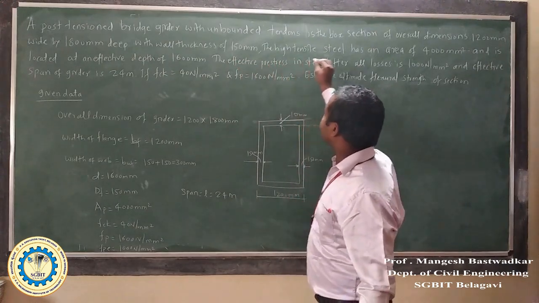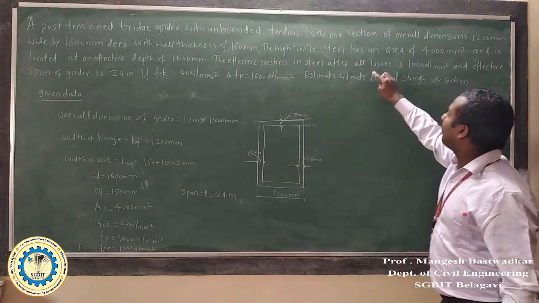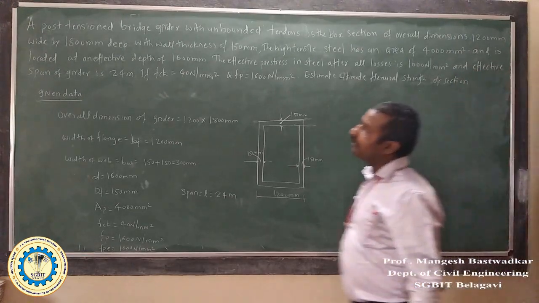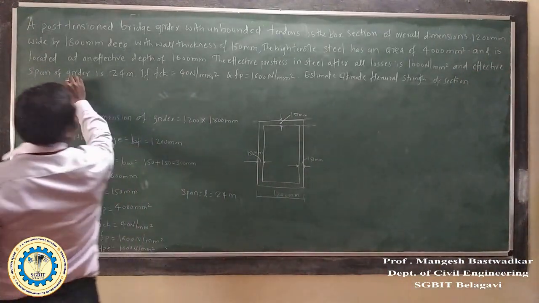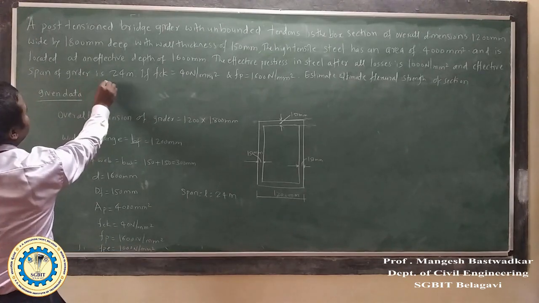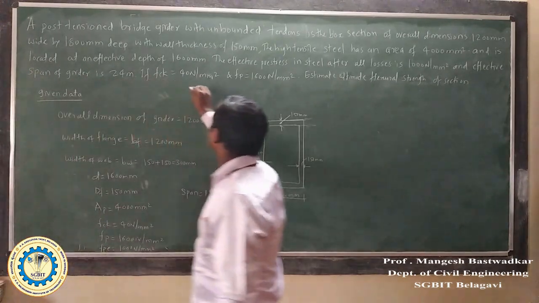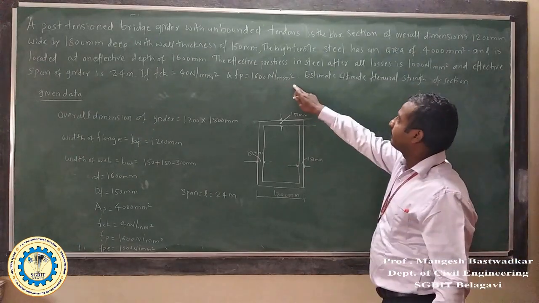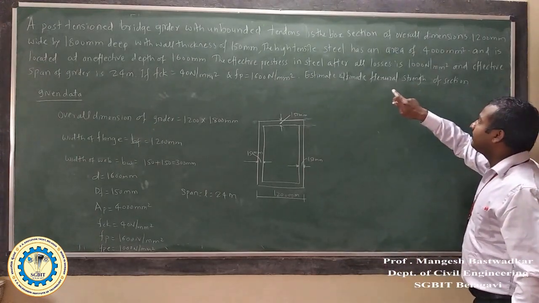The effective pre-stress in steel after all losses is 1000 Newton per mm square and effective span of the girder is 24 meter. If FCK is 40 Newton per mm square and FP is 1600 Newton per mm square, estimate the ultimate flexural strength of section.